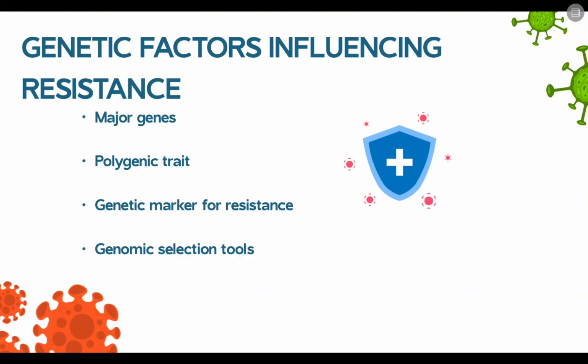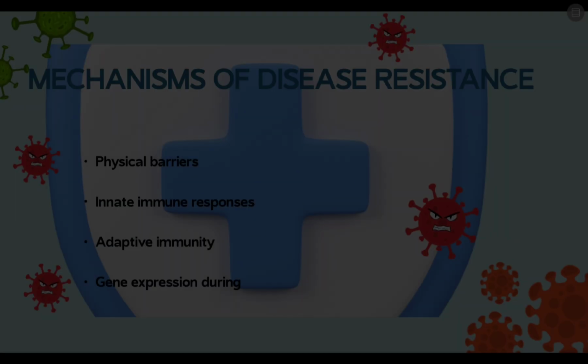In most cases, disease resistance is polygenic, meaning many genes contribute small effects. Scientists use genetic markers to locate these resistance traits in the genome.